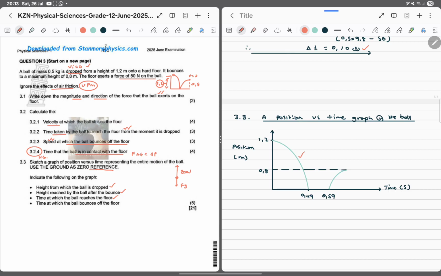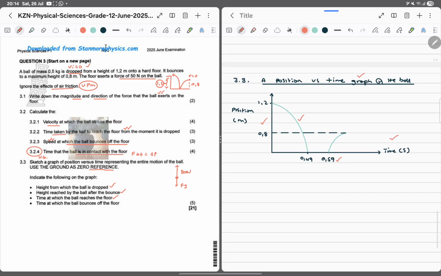Okay, so the shape of the graph, any one of them heights, any one of them times, labeling the axis maybe, and the topic, 5 marks. Again, guys, it depends on how the marking guidelines are proposing the marks should be distributed.